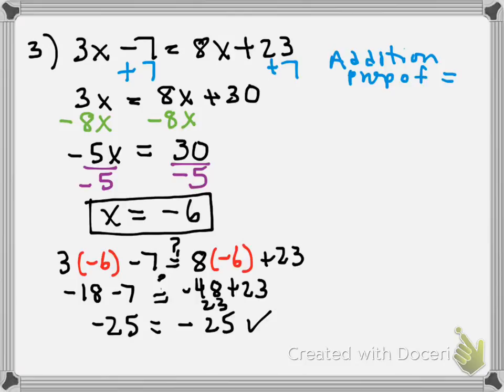Okay, and then the second operation that we did, Acacia? Yeah. When we subtracted 8x from both sides, that's the subtraction property of equality. Okay, and then the purple step. Evan, what did we do?